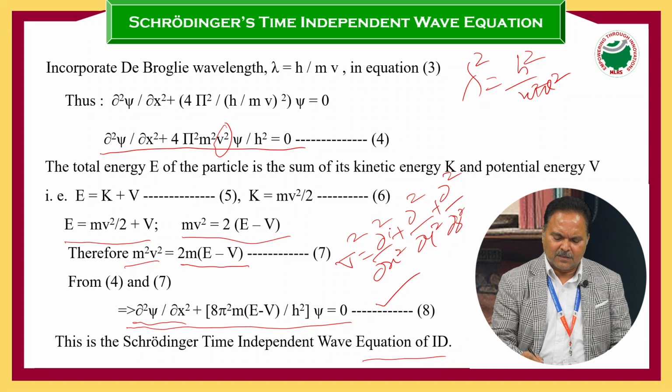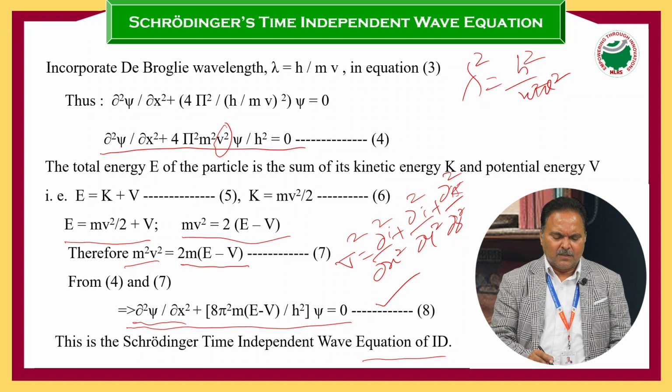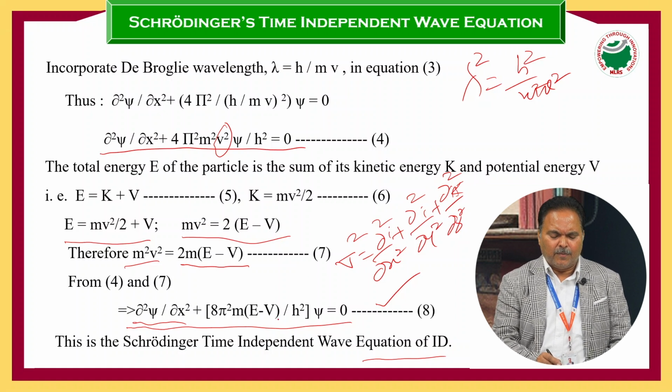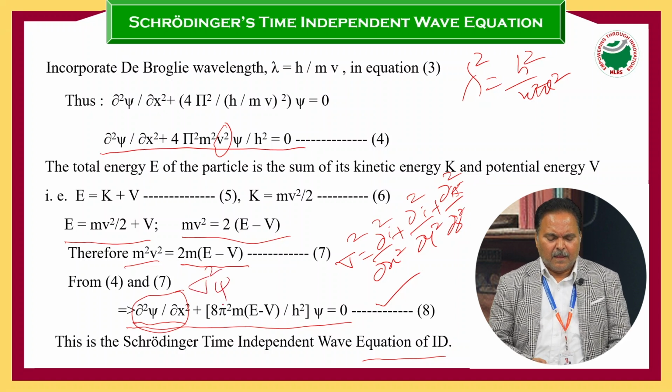Here i, j, k will be there. So that is the 3-dimensional equation. Instead of this, they write del square psi plus 8 pi square m into E minus V by h bar square into psi is equal to 0. That is also the time independent Schrodinger wave equation for 3D.